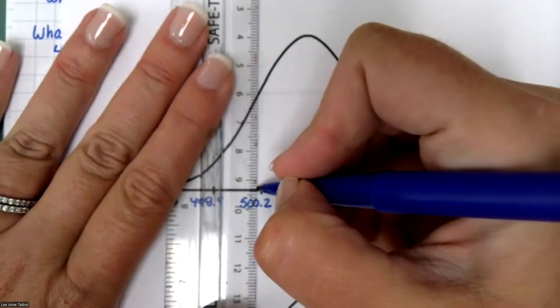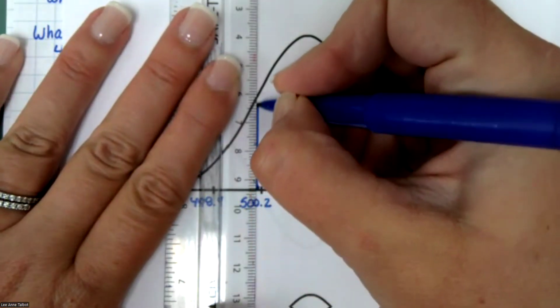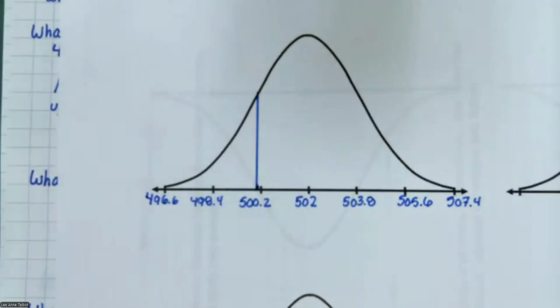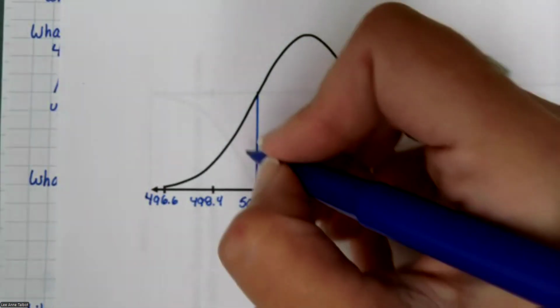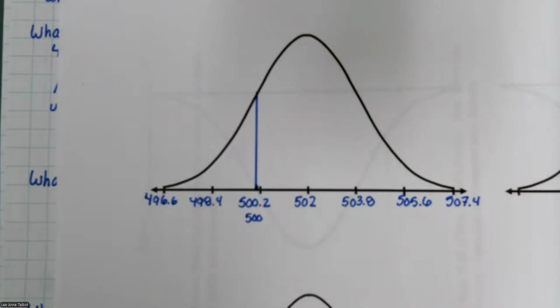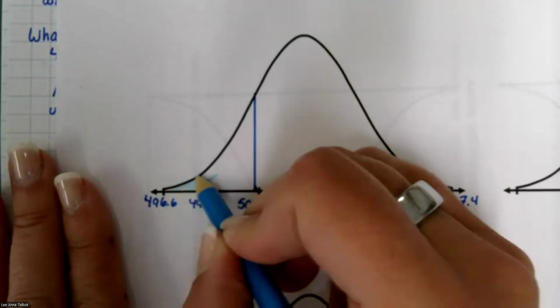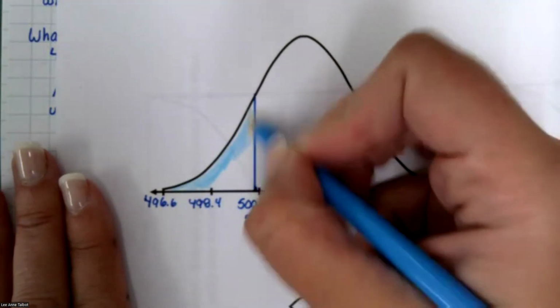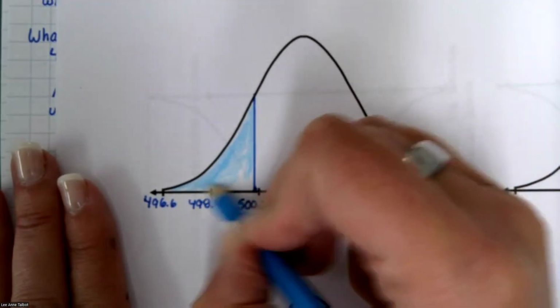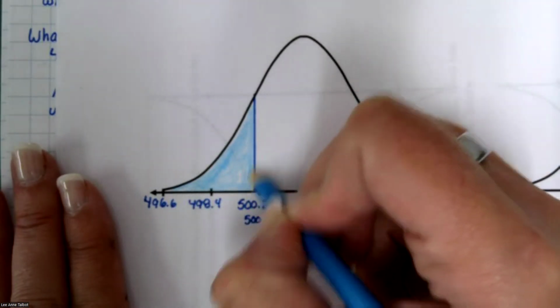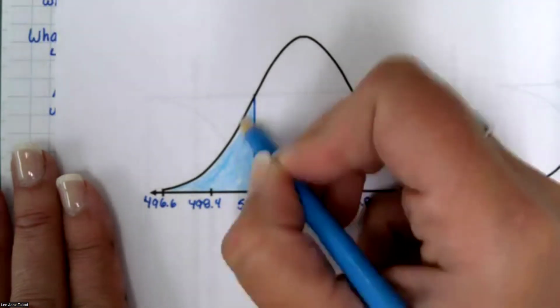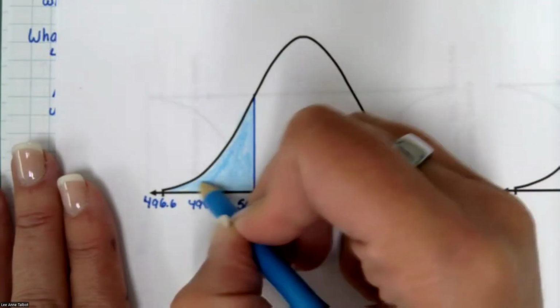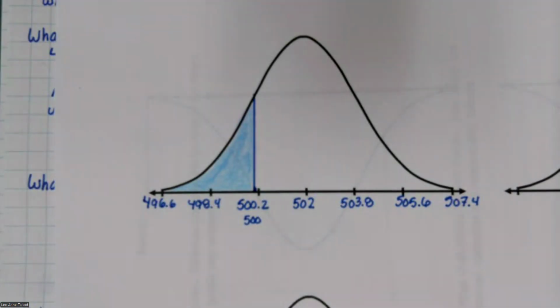I'm just going to go a tiny bit in front of the 500.2. And then I'm going to shade that portion.